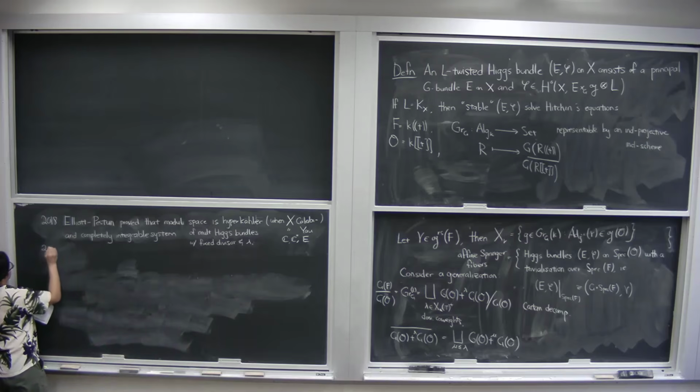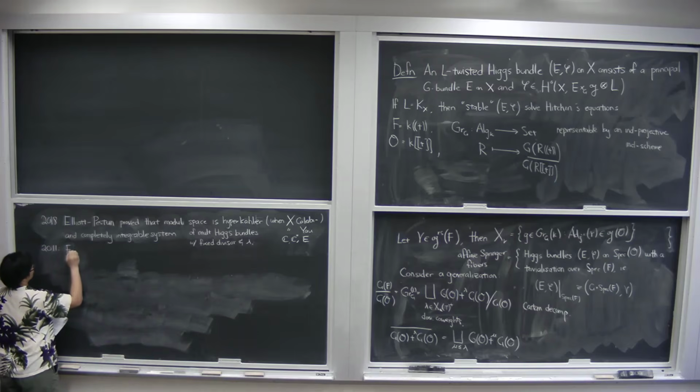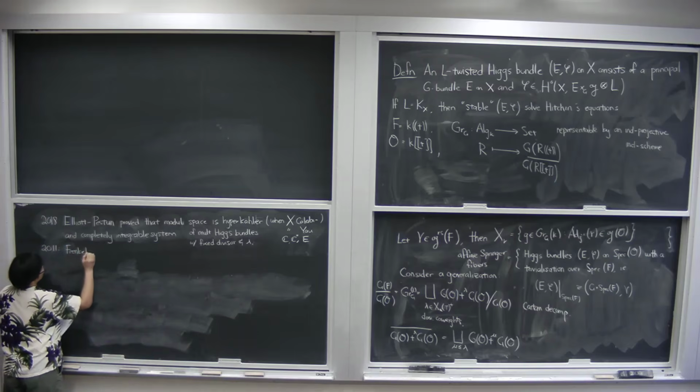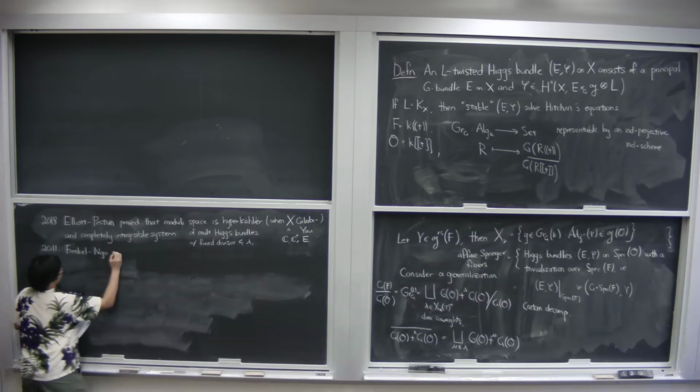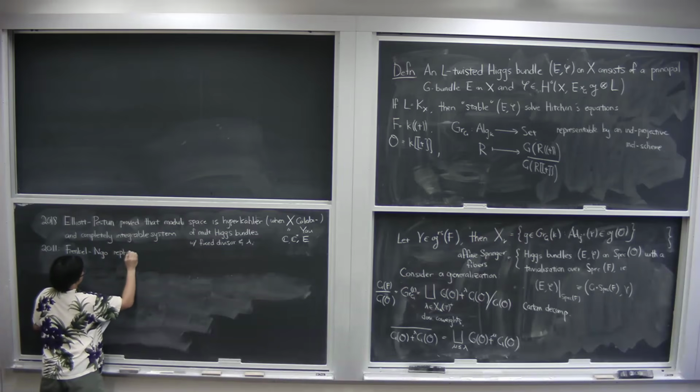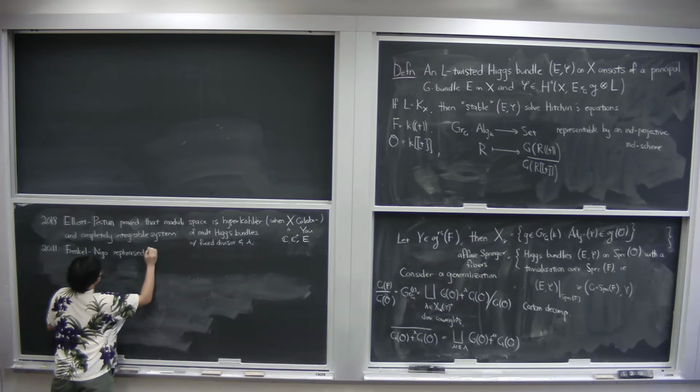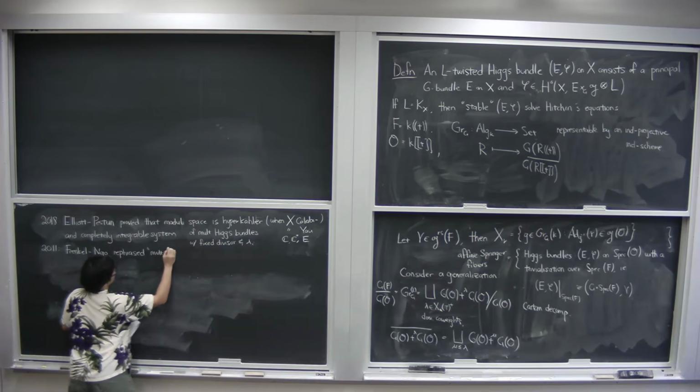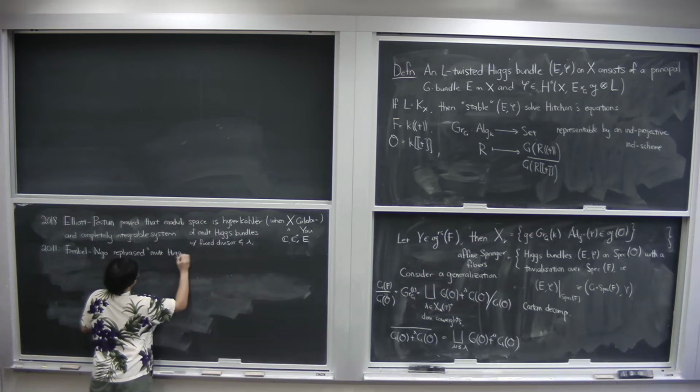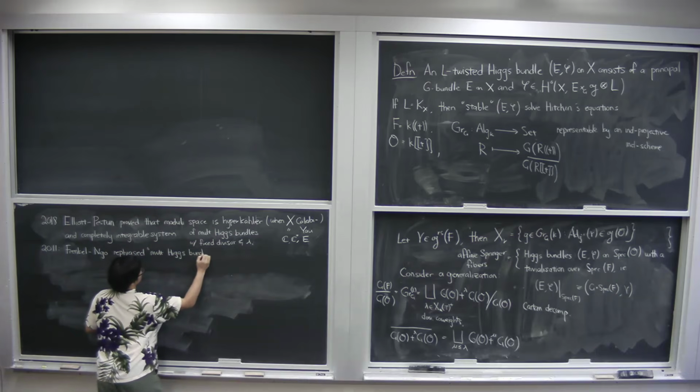So now this is where the Ngô stuff comes in. So in 2011, Frenkel and Ngô rephrased this definition of multiplicative Higgs bundles, but in terms of this Vinberg monoid.